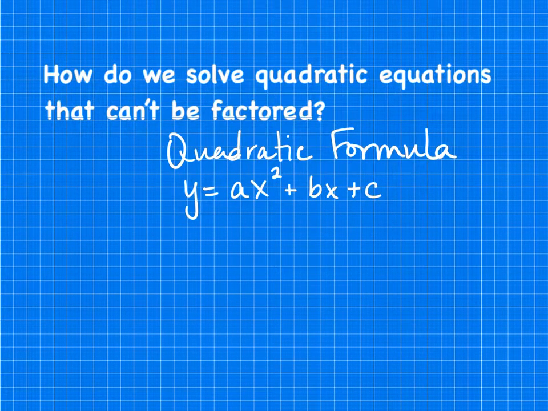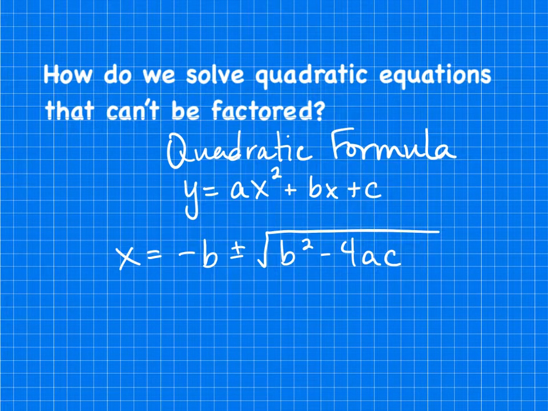Please take note that a, b, and c are simply the number in front of the x squared, in front of the x, and by itself. When we plug this into the formula, the x squared and the x don't go into it. So that formula, and you want to make sure you have this down, is x equals negative b plus or minus the square root of b squared minus 4 times a times c, all divided by 2a.